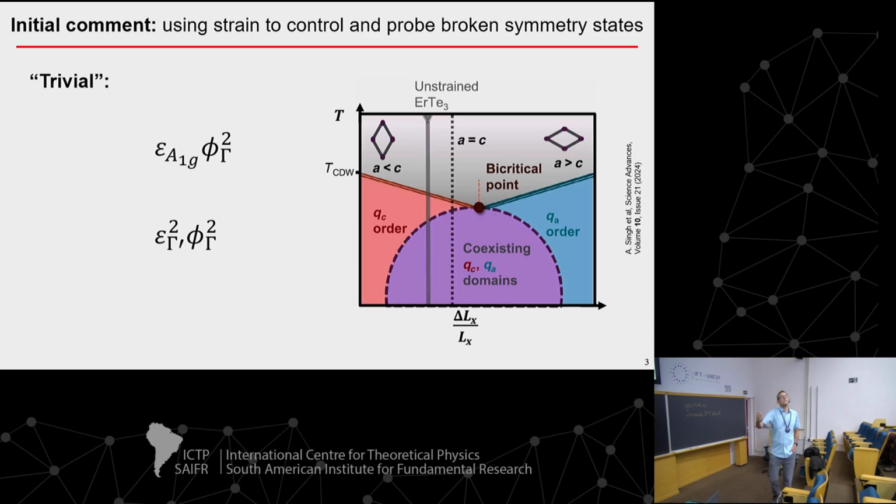So let me give you first just an initial comment about using strain in general. Already you can do strain engineering of band structures. My own interest is just in coupling to order parameters, so coupling to different physical ordered states that a system might have.